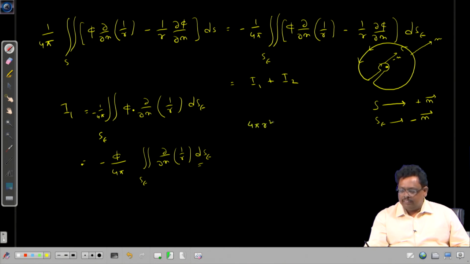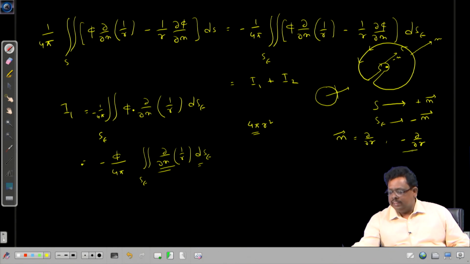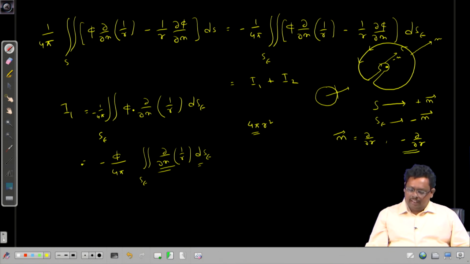Now, in case of this small circle, the surface area is 4 pi r square, right, and then del n of 1 upon r. So, now it is a circle. My normal, for the outer side if it is del r, then for the inner circle it is minus del r, right. It is very easy because this is the radial direction, definitely normal to this surface. So, for this inner circle it is minus del r.